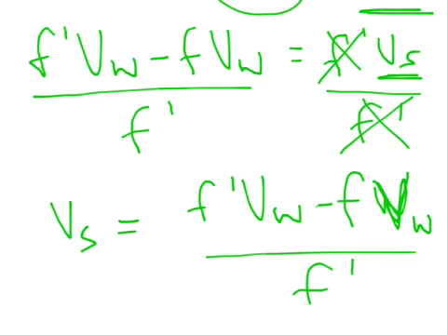Okay, looks kind of tricky. The process was a little bit awkward, but now you just plug the numbers into that and you would get the velocity of the source of about 1.47 meters per second. So you can work through that yourself.